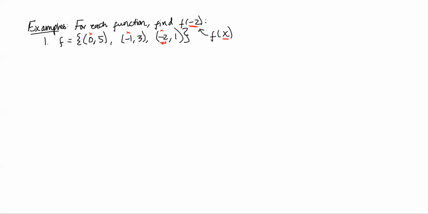And so then this is saying, what is the y value when x is -2? Because we're looking for f of -2, which is the same thing as y. So when x is -2, our y value is 1. So f of -2 equals 1.